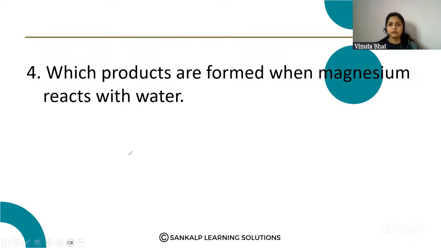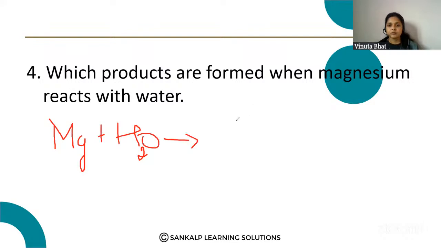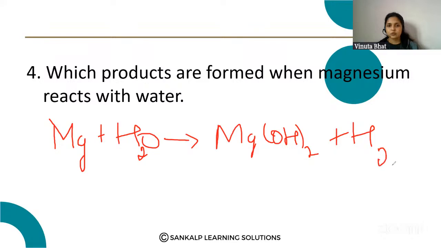When magnesium reacts with water, it forms magnesium hydroxide, Mg(OH)2, plus hydrogen. So you have to balance this reaction.